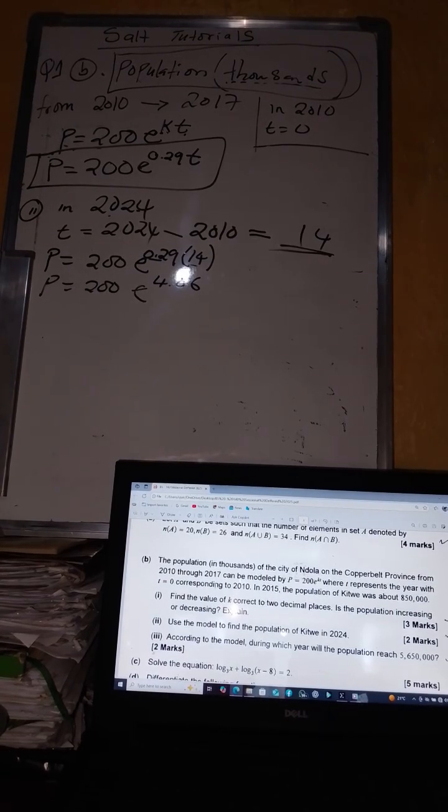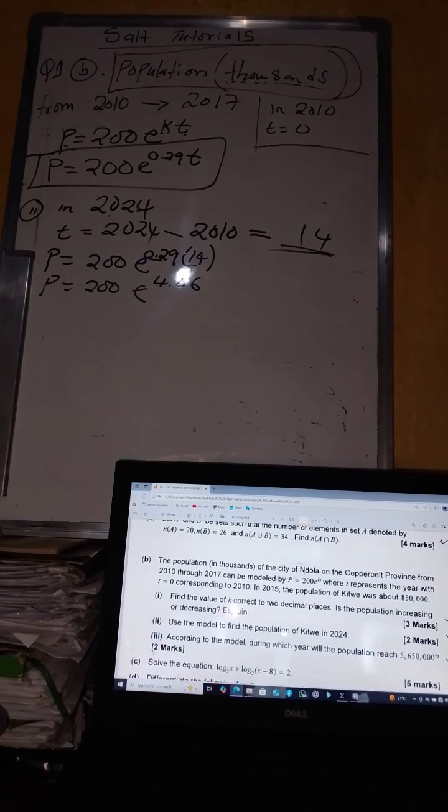So we are simply saying the whole number e power that, 4.06. I have something like 57 point that, and then multiplied by 200.